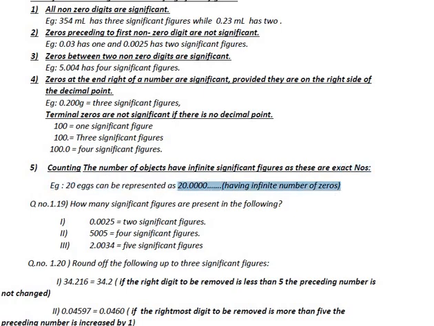I repeat, 20 is a counting number. It is an exact number. It can also be represented as 20.000 with an infinite number of zeros on the right hand side. So such types of numbers have infinite significant figures.